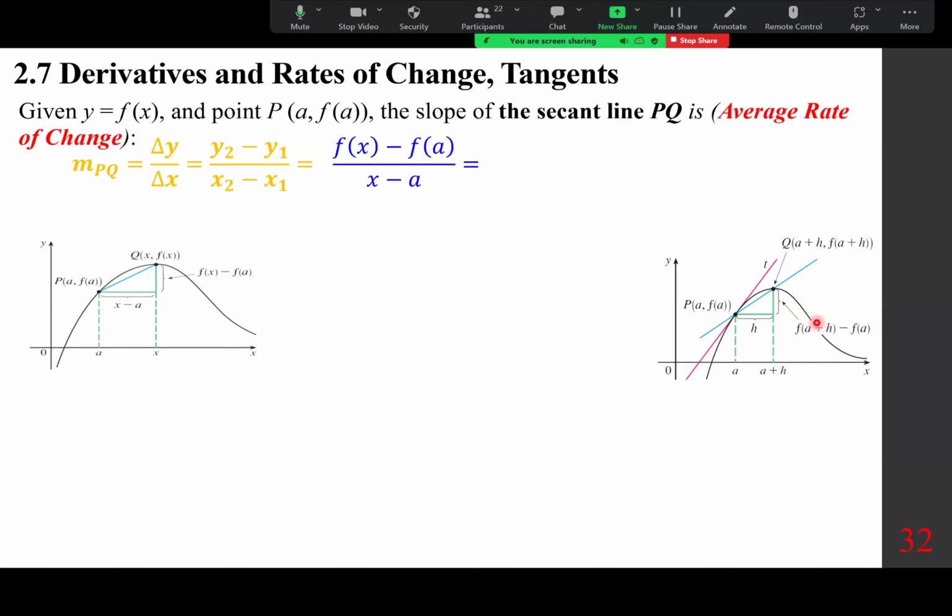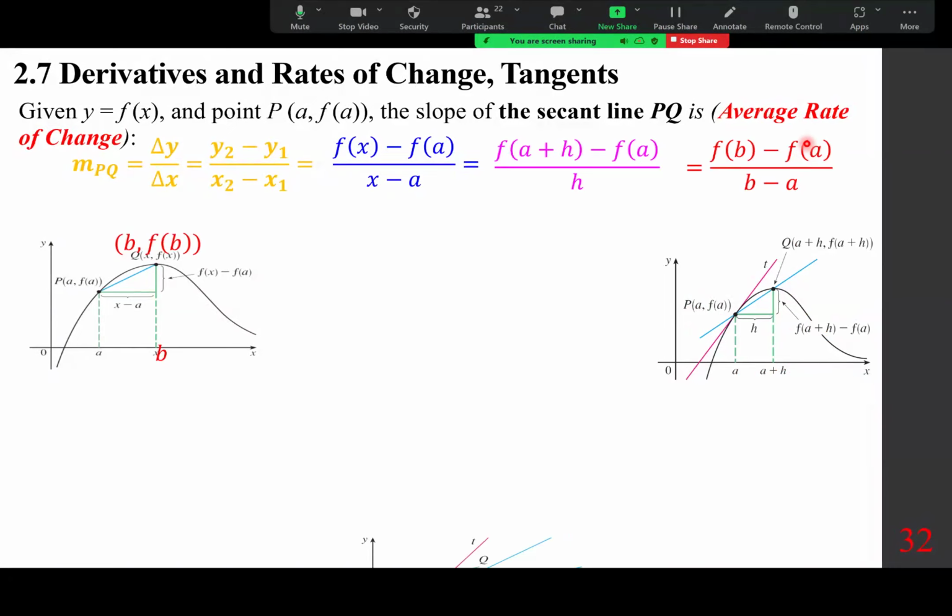So f of a plus h minus f of a would be the rise, and the run would be h, which is a plus h minus a. If you call this b, and this is f of b, then it's this formula, meaning they are the same. They are all rise over run. They are also known as the DQ, the difference quotient.